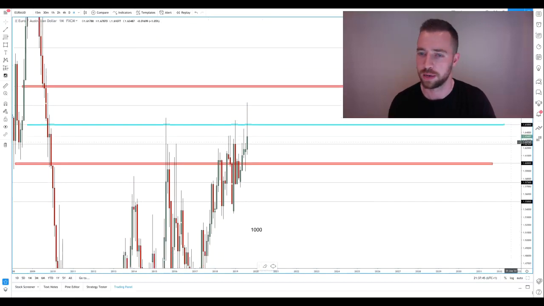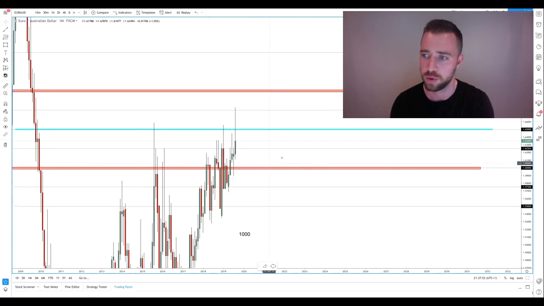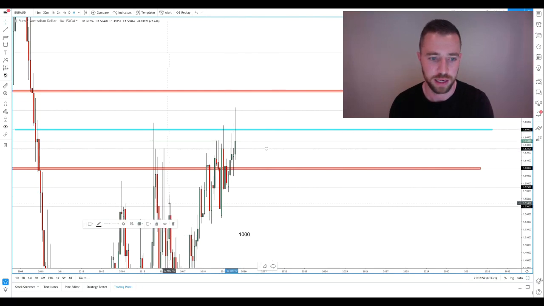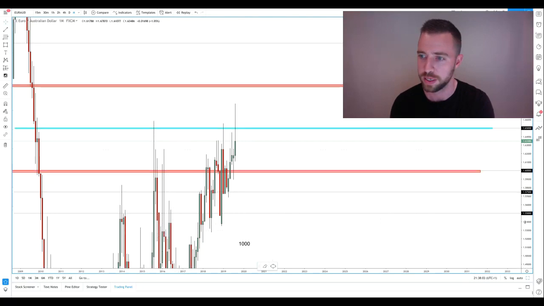I'm just using these colors temporarily, but you can see the red is the monthly, red is monthly resistance here, red is monthly support, and then we've got this blue line here, which is the weekly support.